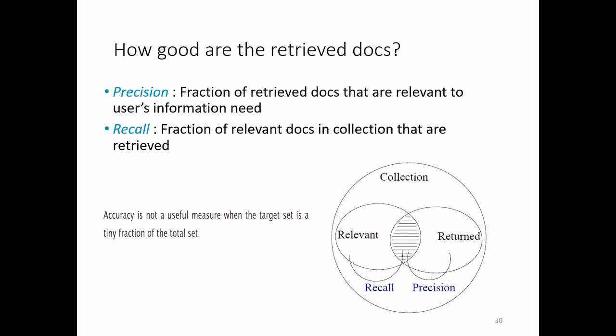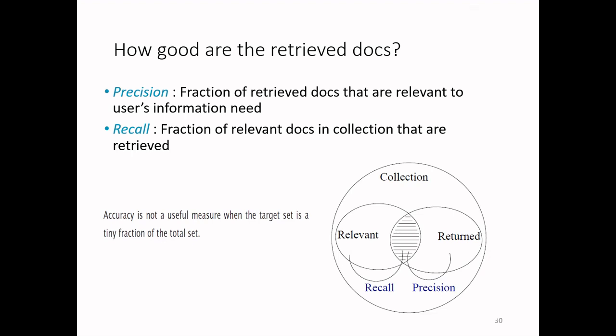Recall is the fraction of relevant documents in the collection that are retrieved. So let's take the same example. You retrieve 10 documents, 8 are found relevant. Now, if somebody allows you to browse through all the documents in the collection, and while browsing through, you find that there are 8 other documents in the collection that could have been retrieved.